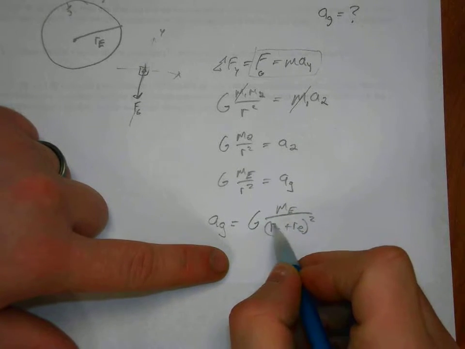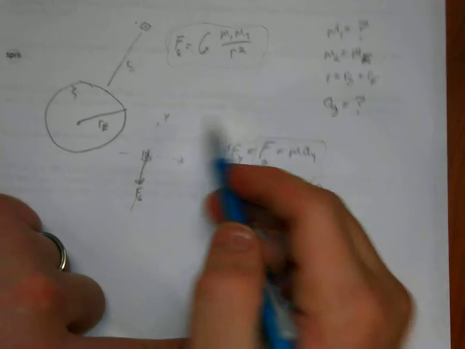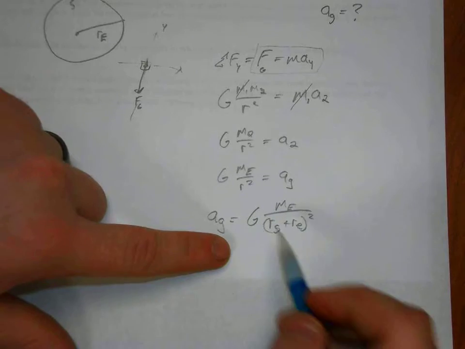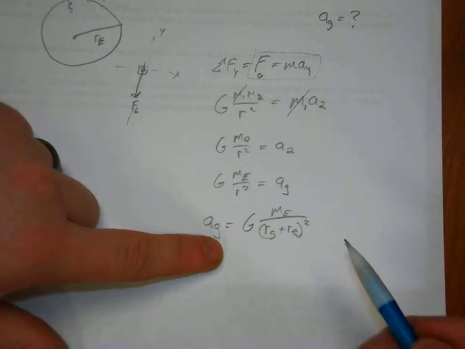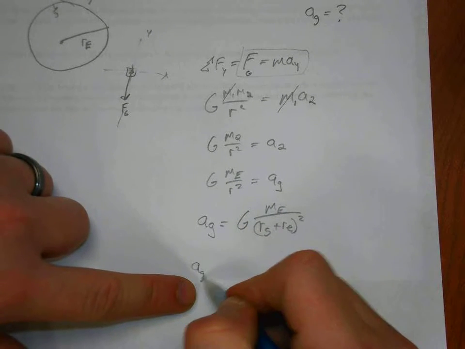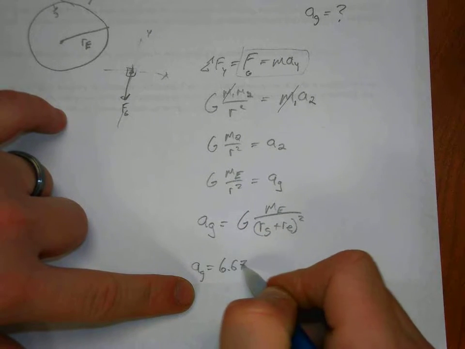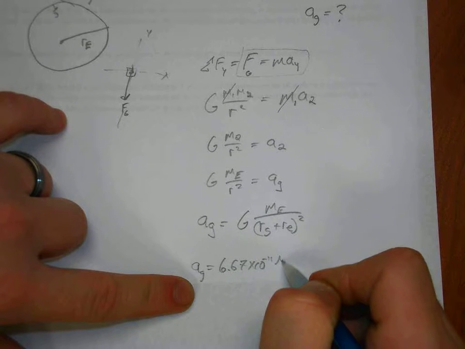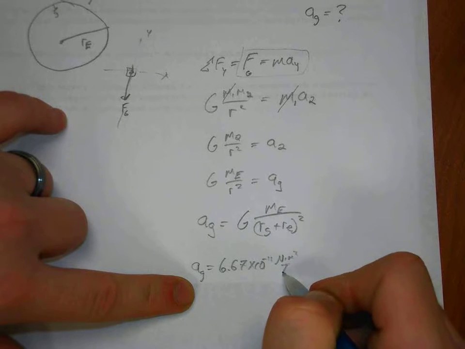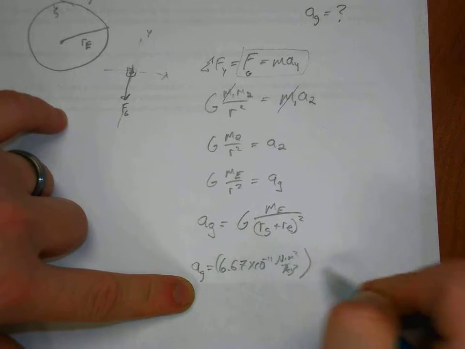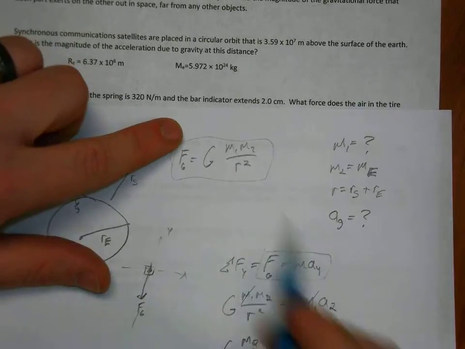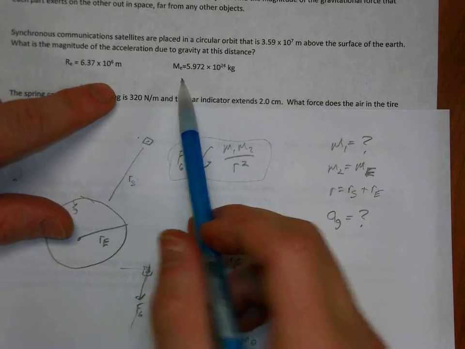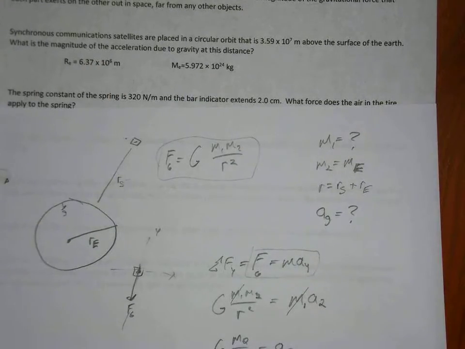So that extra radius of the satellite here, which is this distance above the Earth's surface, causes this to not be 9.8 meters per second squared. So the acceleration of gravity is 6.67 times 10 to the negative 11th newton meter squared per kilogram squared times the mass of the Earth, which is actually given to you over here in the problem. It would be in a chart or given to you in the problem in any situation.